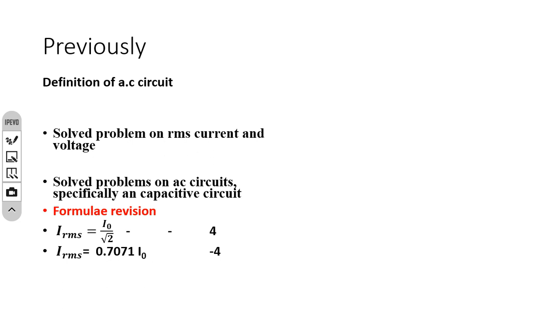We use the same number for both equations because both expressions are the same. When you divide 1 over root 2, you will obtain 0.7071. So if you don't use the first one, then you can use the second one. Both of them are basically the same.